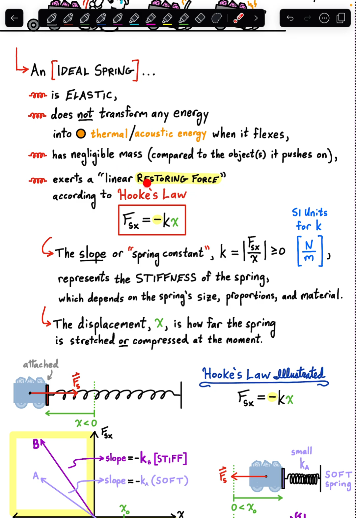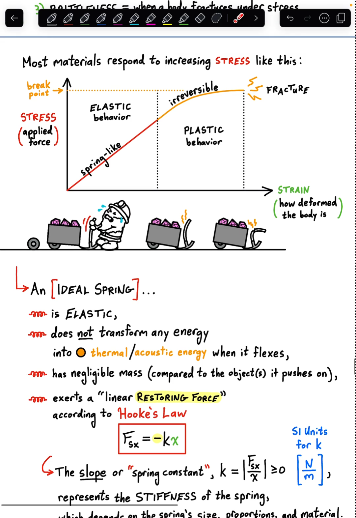Elasticity means the spring is always trying to restore itself to its original size and shape. And a linear restoring force is related to the linear relationship that we typically see in the stress-strain relationship for most materials, most solid bodies.